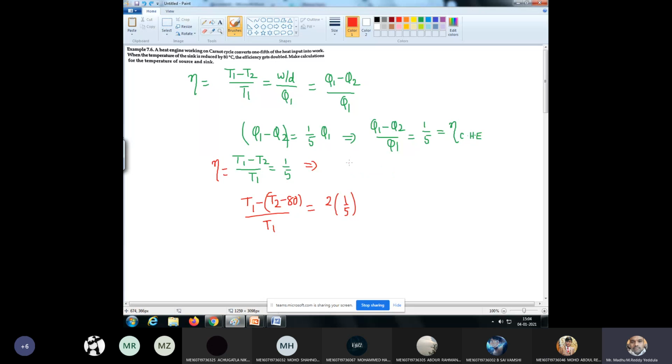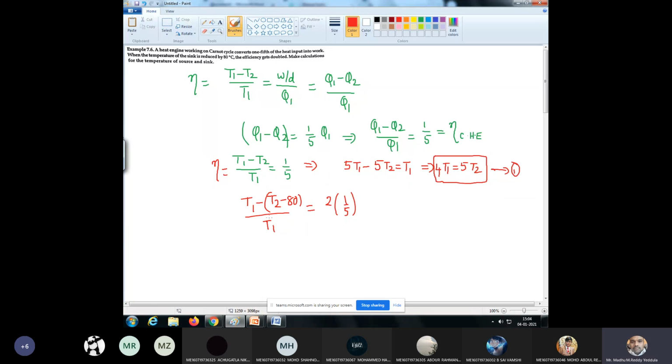Now it will become 5T1 minus 5T2 is equal to T1. From this I will get 4T1 is equal to 5T2. This is equation number 1, one relation between T1 and T2.